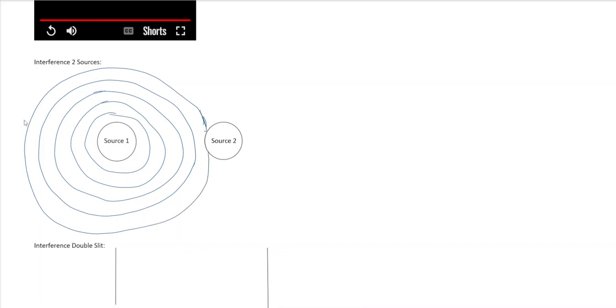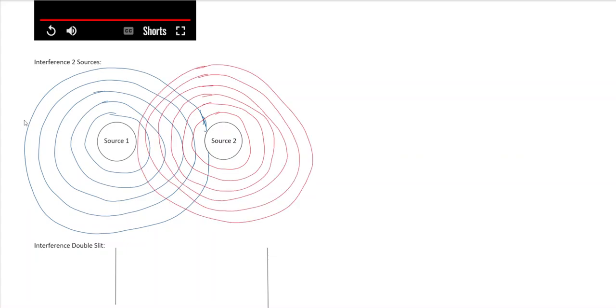Okay, so there is source 1, and here is source 2. It's not perfect, but I think you can see that we have what I've heard some people call the quilt-like pattern.